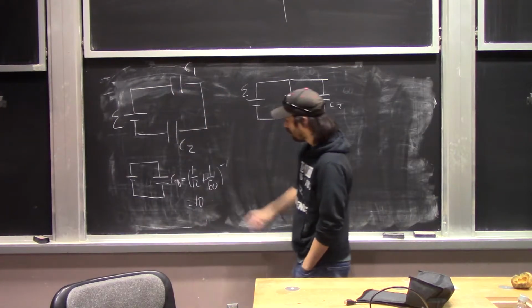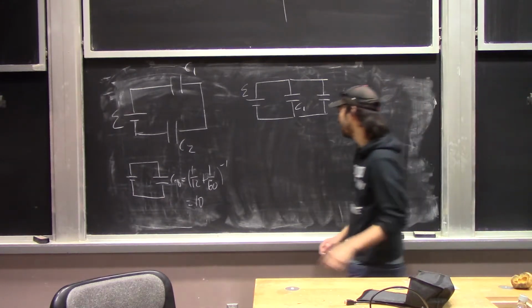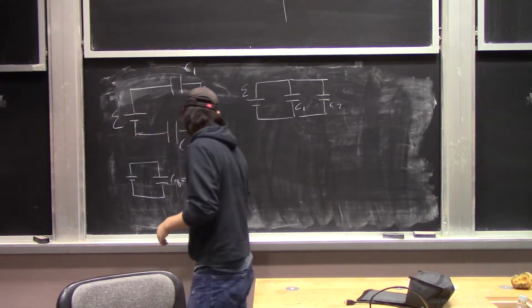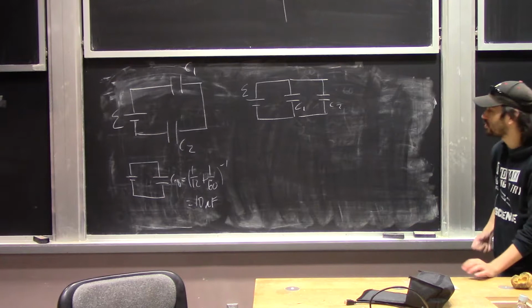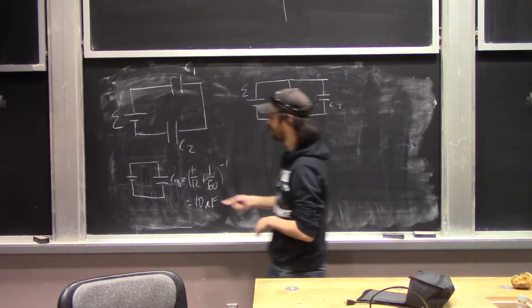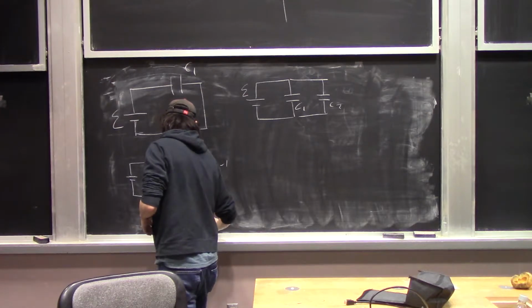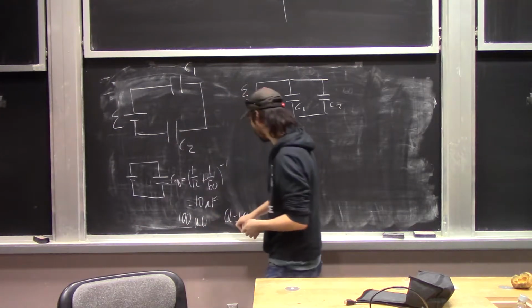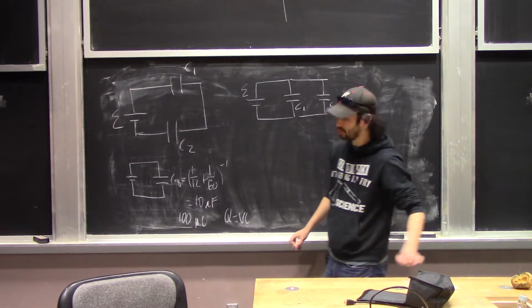So what we end up seeing is that this equivalent capacitance is going to be 10, is this in microfarads? Yeah, 10 microfarads. Because this equivalent capacitance is going to be 10, the charge on the equivalent capacitor is going to be 100 microcoulombs, because the charge Q is equal to V times C. So we know what the equivalent capacitance is, we know what the voltage is.